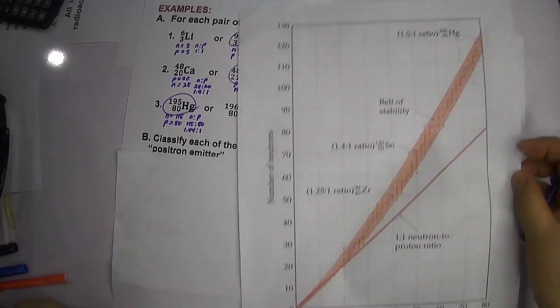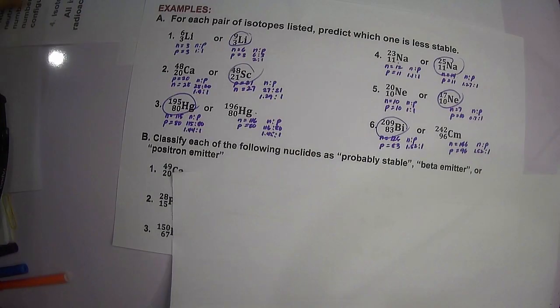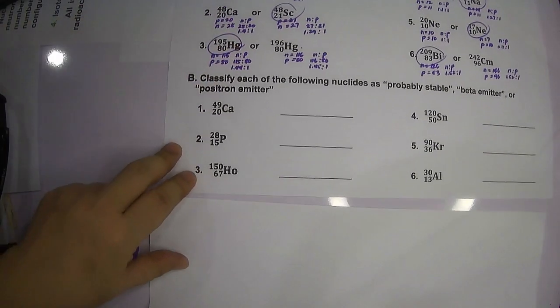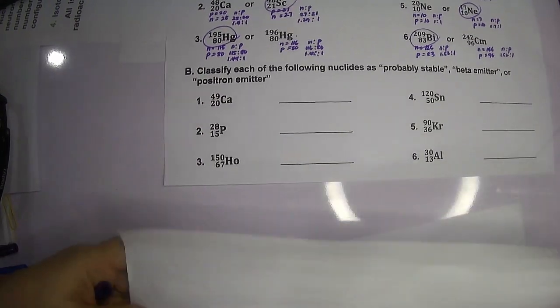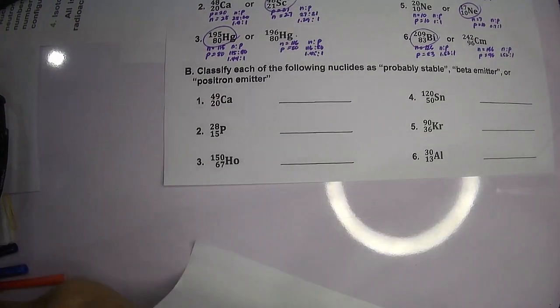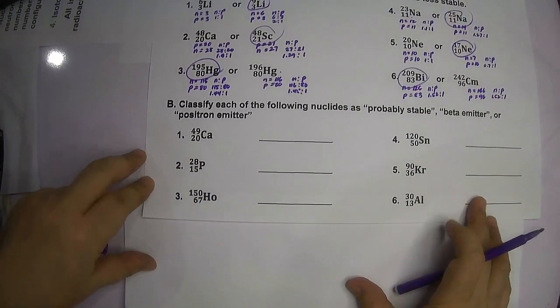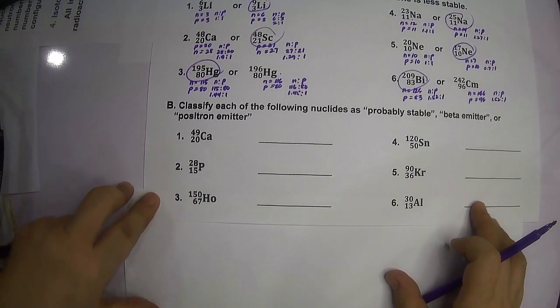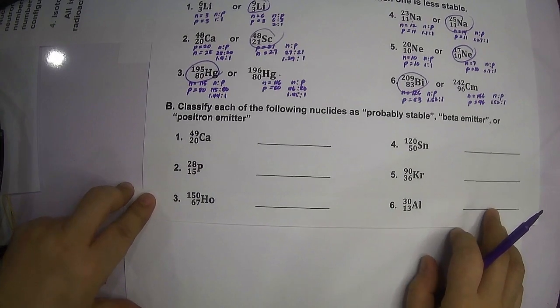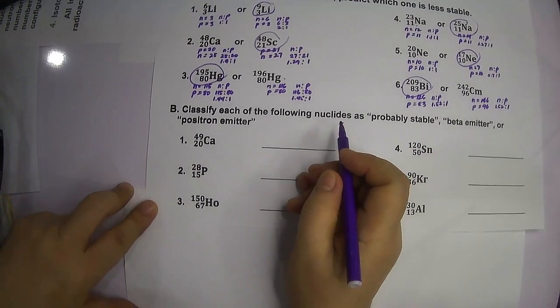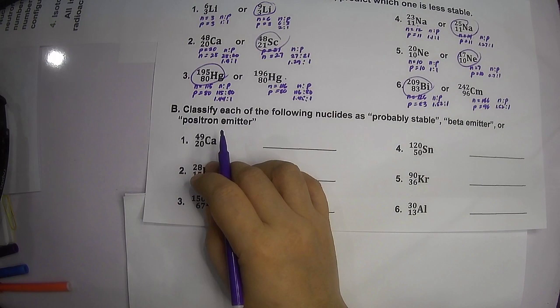Okay. So moving on to the next set of examples for nuclear stability, we're asked to classify each of the following, whether they are probably stable, a beta emitter, or a positron emitter. Okay. For the first number, we have calcium 49.